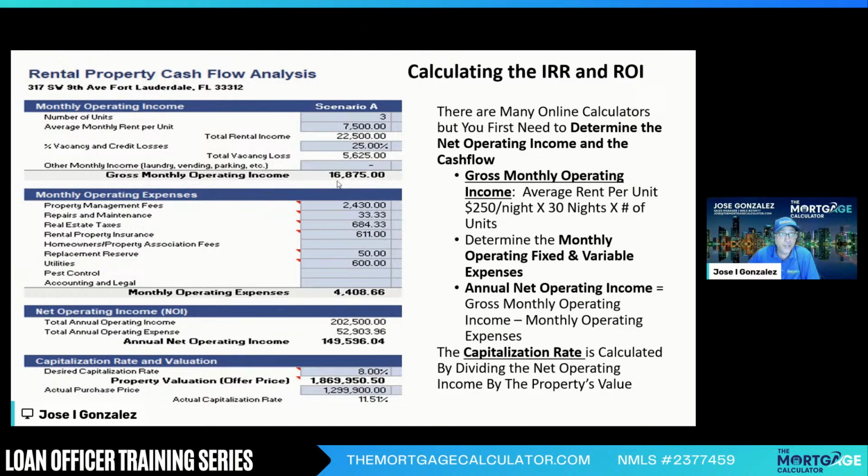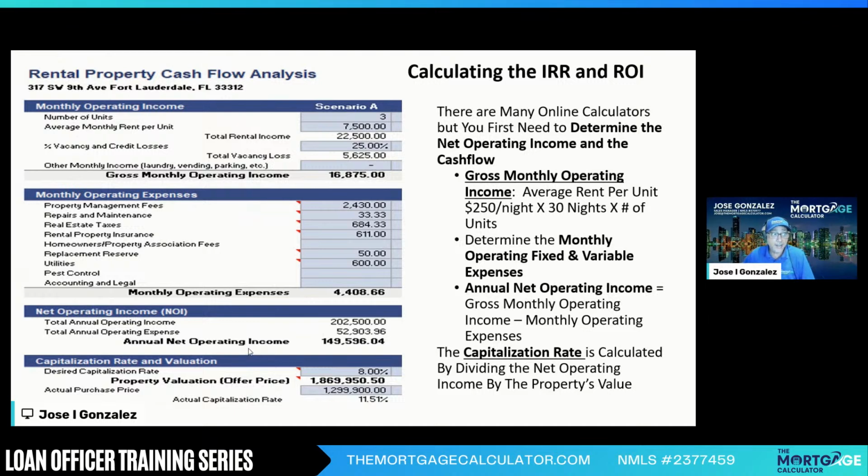It's right here, this section right here, the gross monthly operating income, minus the monthly operating expenses, and that will give you your annual net operating income. So we have that figure right here, the $149,596.04.